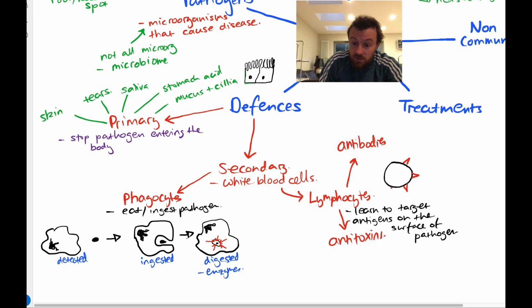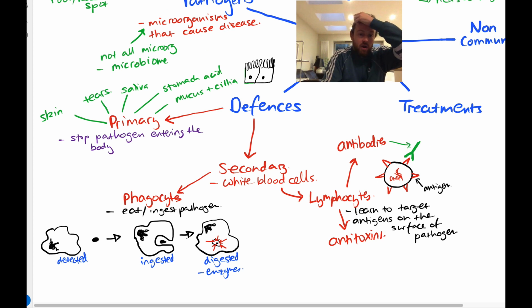Coronavirus looks like this. It's got little spike proteins on the surface, and it's got genetic material in the center. These proteins on the surface are called antigens. An antibody is a Y-shaped molecule, and it fits onto the antigen. So that's the antibody there.